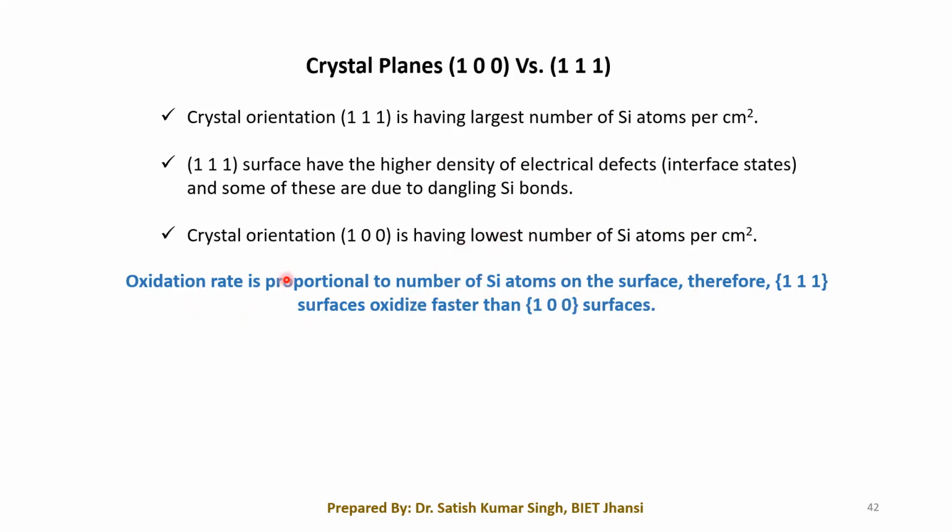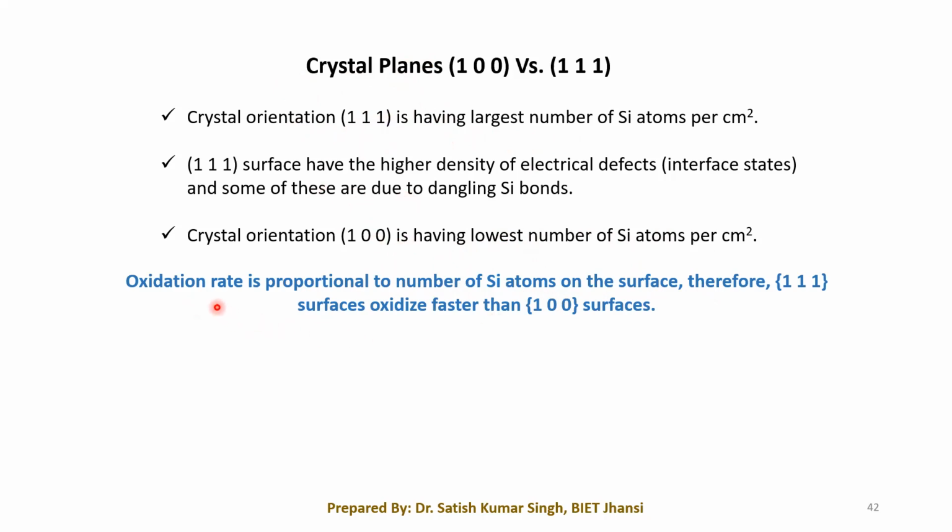Because the 111 orientation has the largest number of silicon atoms per square centimeter, it is going to oxidize faster than 100.